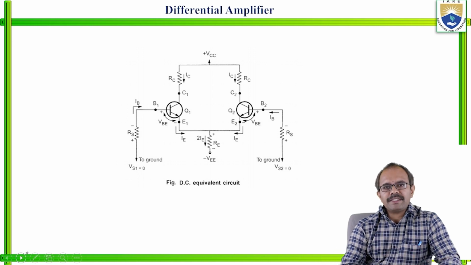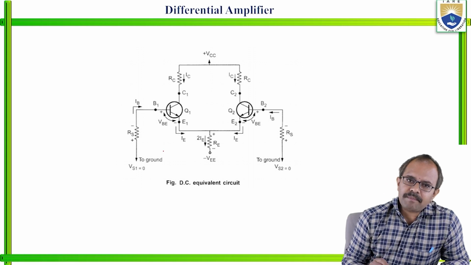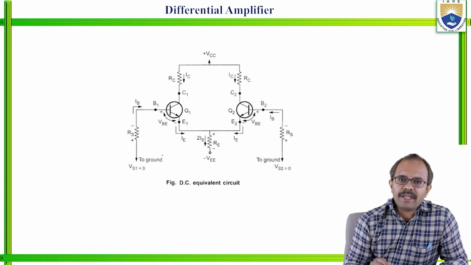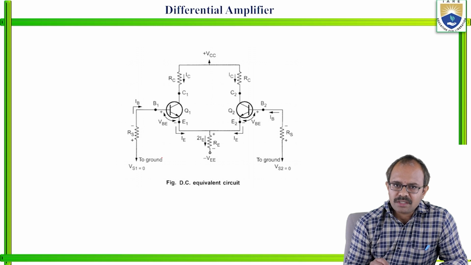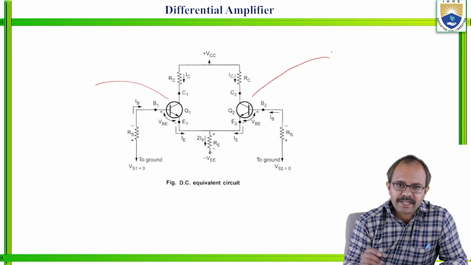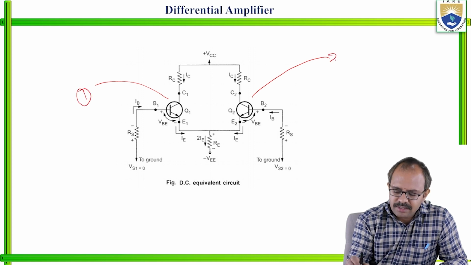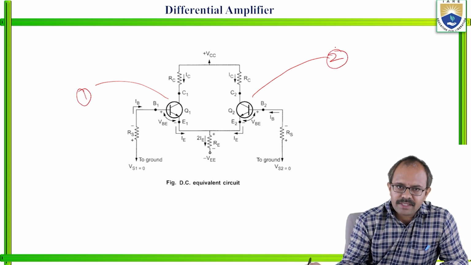And coming to the basic circuit of the differential amplifier. We said in the previous lecture, what is a differential amplifier? We are going to have two basic amplifier circuits, preferably in common emitter configuration. Here if you observe, this is the first one and this is the second one. So this is the first amplifier circuit and this is the second amplifier circuit.